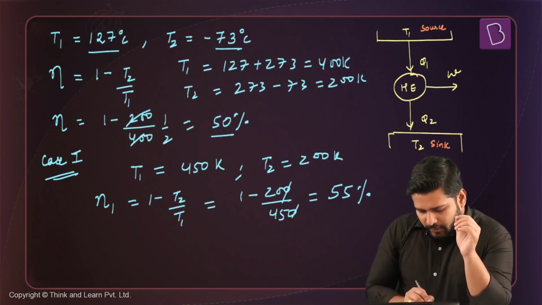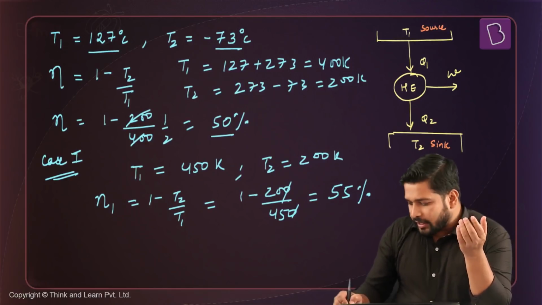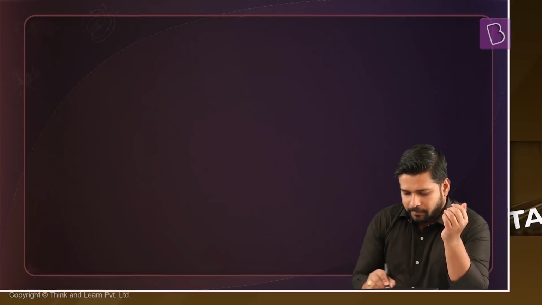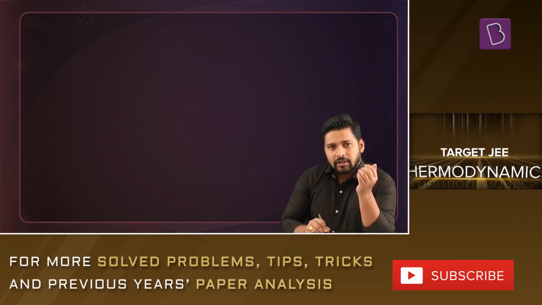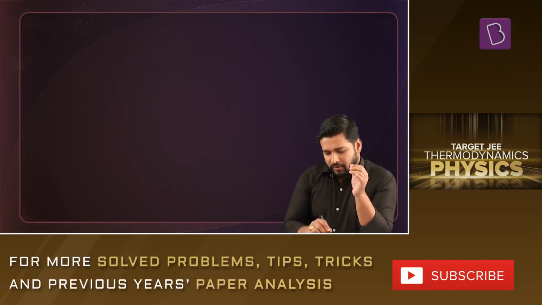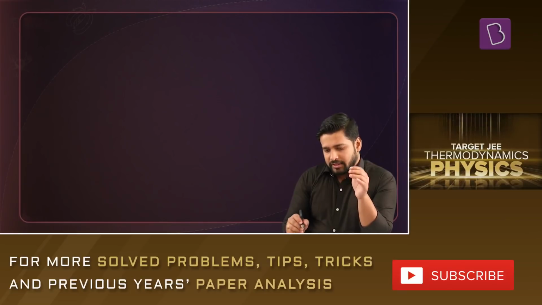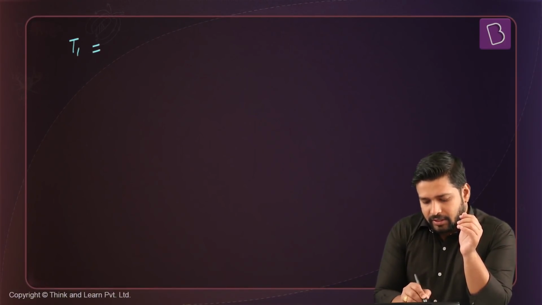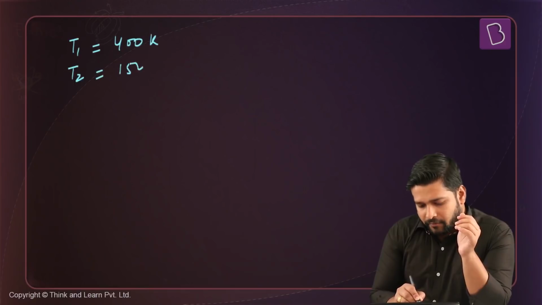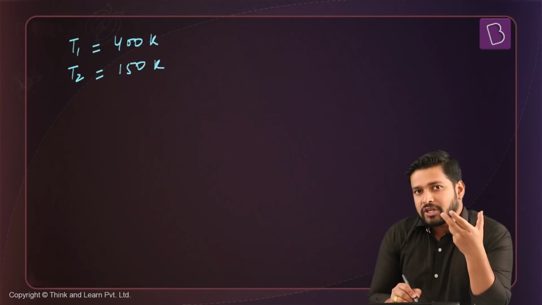Now in the third case, we have been told that the temperature of the sink decreases by 50, right? The temperature of the sink is decreasing by 50. And if the temperature of the sink is decreasing by 50, the temperature of the source remains the same. So in this case, I can write T1 still equal to 400 Kelvin and T2 is equal to 150, because T2 was equal to 200, right?